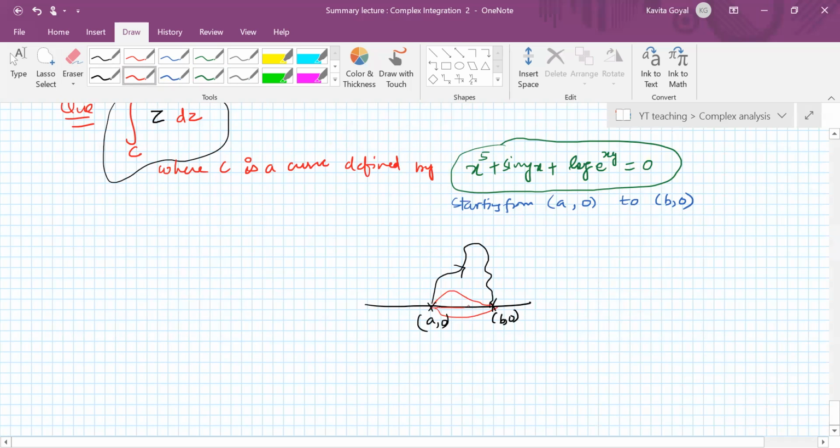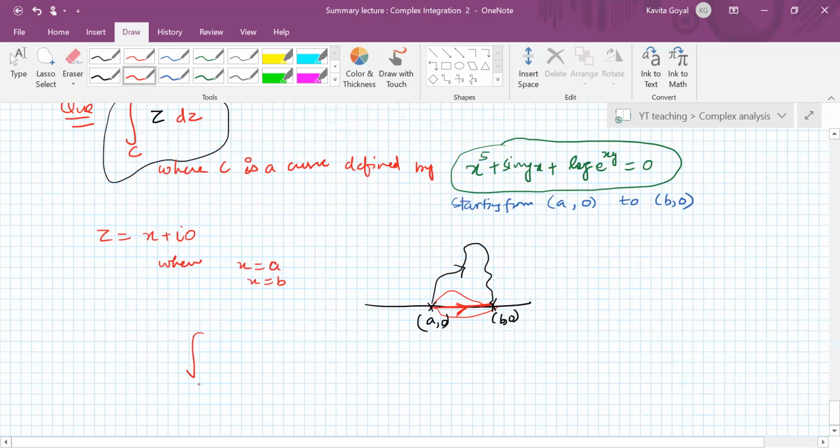So I can choose the simplest curve, which is the x-axis. Therefore the equation I will choose is z equal to x plus i0, where x moves from a to b.